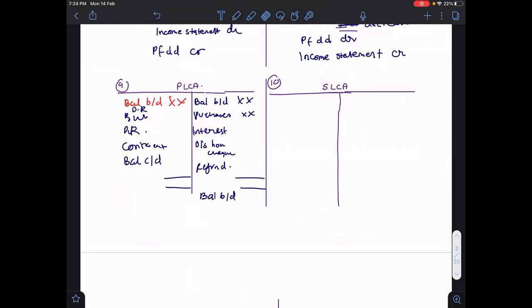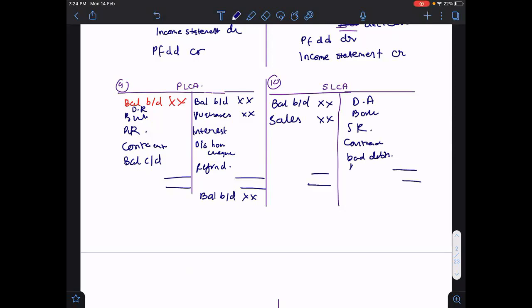SLC account always has a debit balance. उसके नीचे credit sales. Then discount allowed, bank, sales returns, contra entry, and bad debts. Whenever you're asked to find credit sales, which account will you prepare?